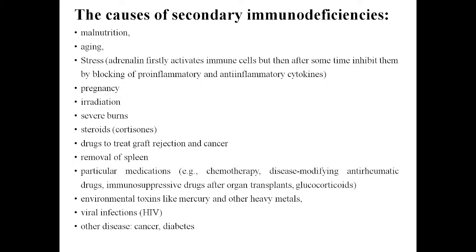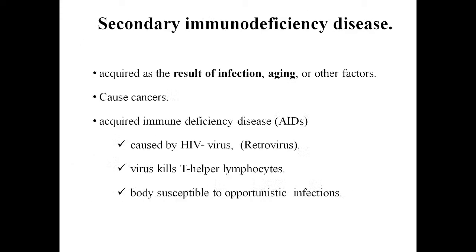Viral infections like HIV and other diseases like cancer and diabetes are also causes of secondary immune deficiency. In diabetes, some produced hormones inhibit immune cells. So patients with diabetes are also susceptible to bacterial infections and viral infections.